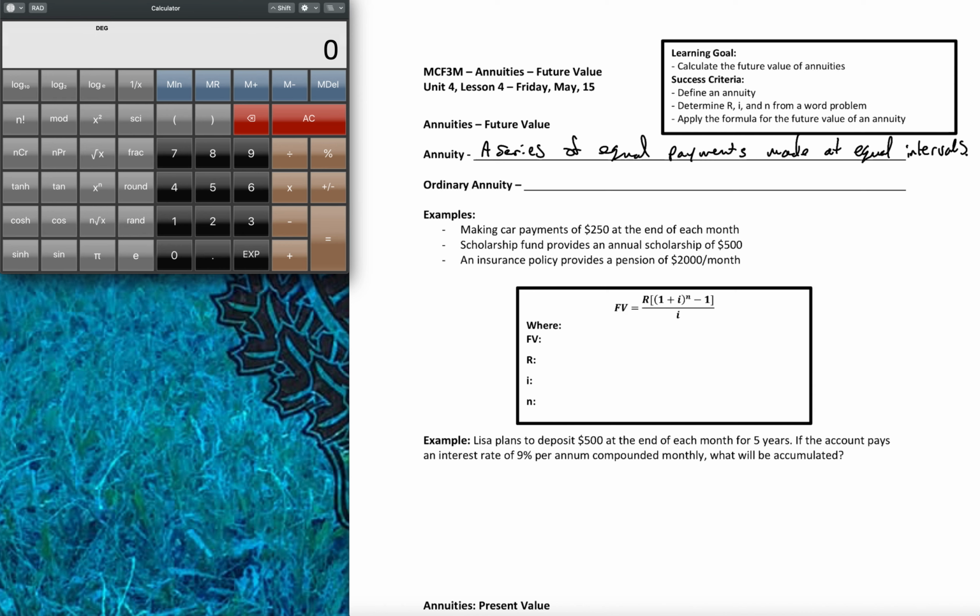An ordinary annuity is just going to be something where payments are made at the end of a payment period.